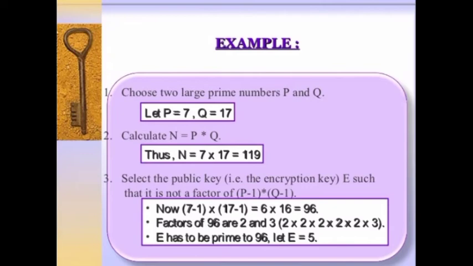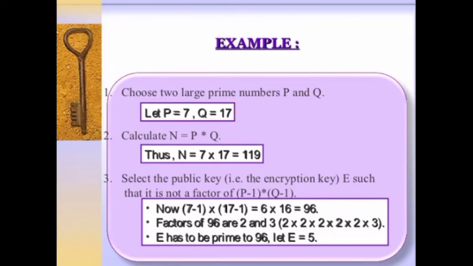The next step is to calculate n equal to p times q. Thus, n is equal to 7 times 17, which is 119. The next step is to select the public key, or the encryption key E, such that E is not a factor of the quantity p minus 1 times the quantity q minus 1.